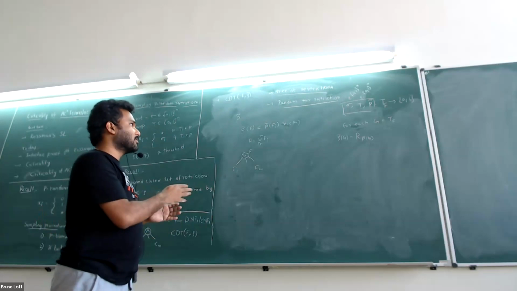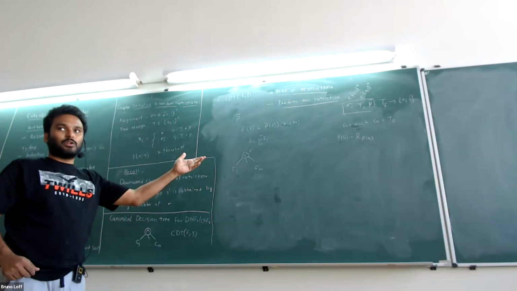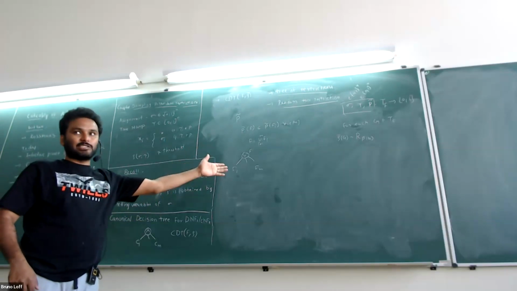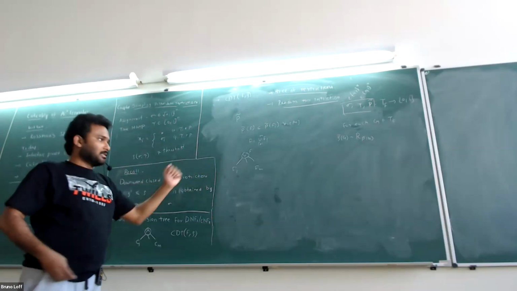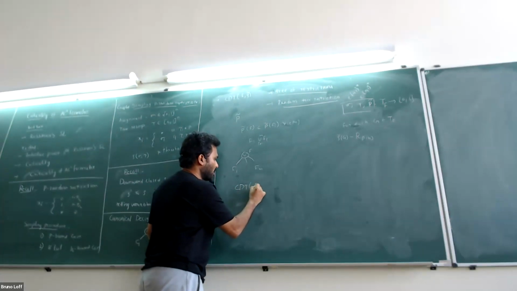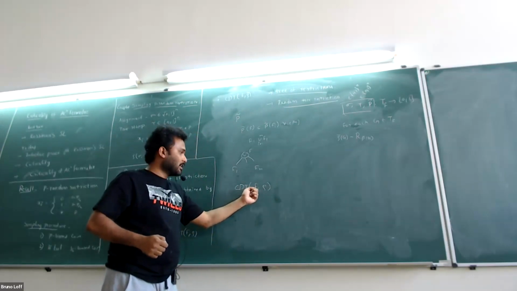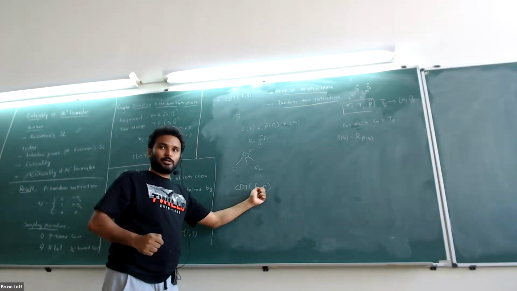Yeah, so instead of working with a random restriction, we'll work with a random tree restriction. And the next thing is, previously we had a canonical representation of a formula with respect to a given restriction. Canonical representation of a DNF with respect to a restriction.